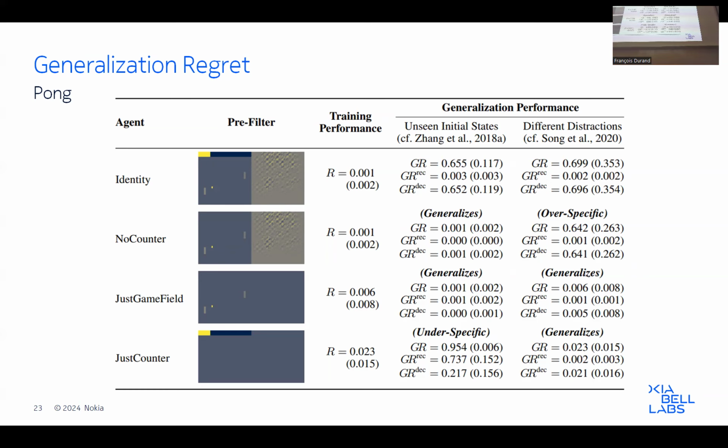If we do the other sort of generalization where we change the distractions, the spurious noise on the right-hand side, then again, for the case where we just give the state as is, we get to be over-specific because we have too many spurious things to correlate on.